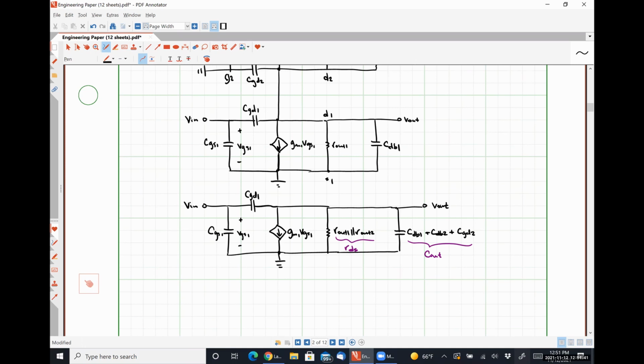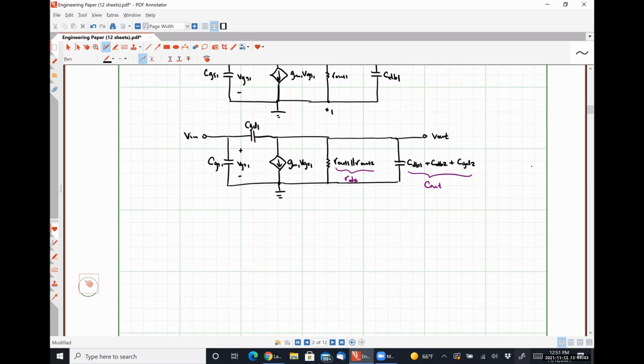Okay. So if we apply Miller's theorem and split that capacitance up, what we're going to have is a system that looks like this. This is going to be CGS1. This is going to be CGD in, the portion of CGD1 that gets referred to my input node.